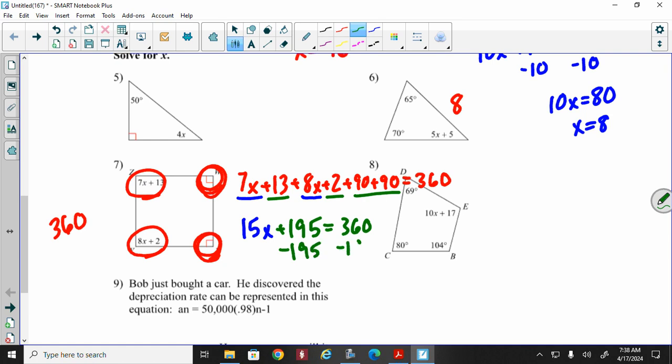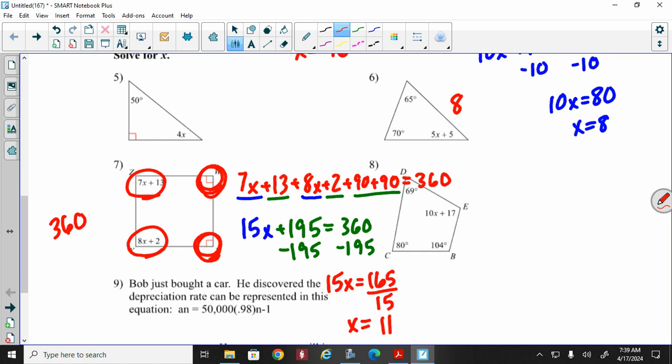You're going to subtract 195 from 360. And so when you do that, you get 165. So 15x is equal to 165, and then I divide by 15, and x is going to equal 11. So the answer is 11.